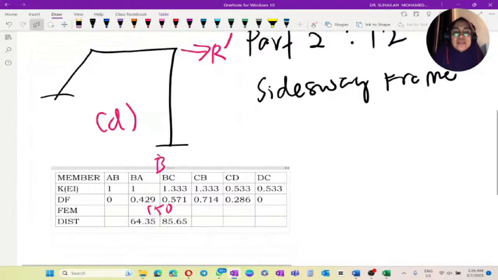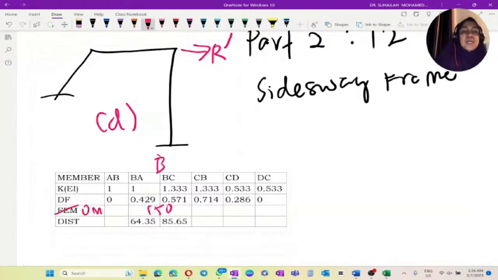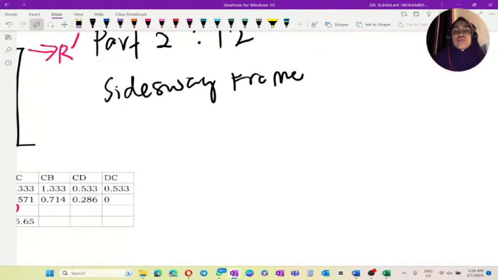We don't change sign because this is not FEM, this is joint moment. Okay, joint moment is 150. If we have fixed end moment, it is going to be like this. For example, we have UDL here.